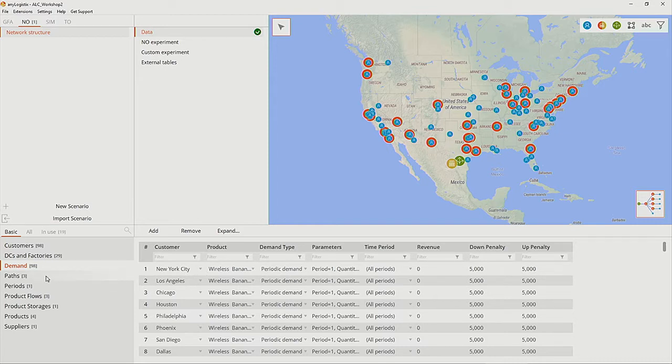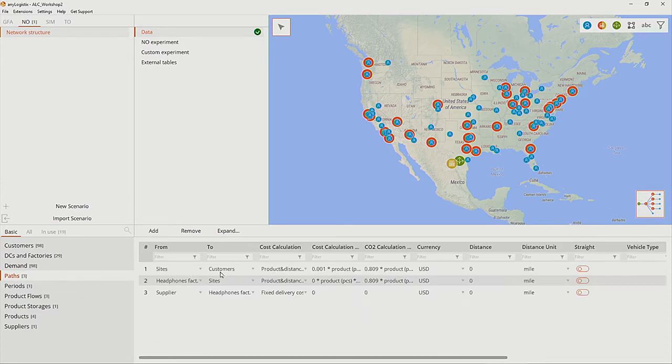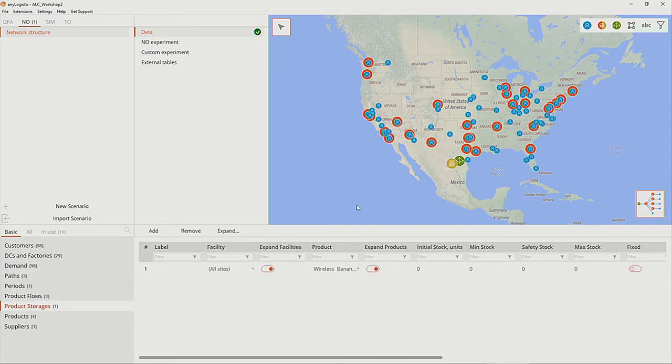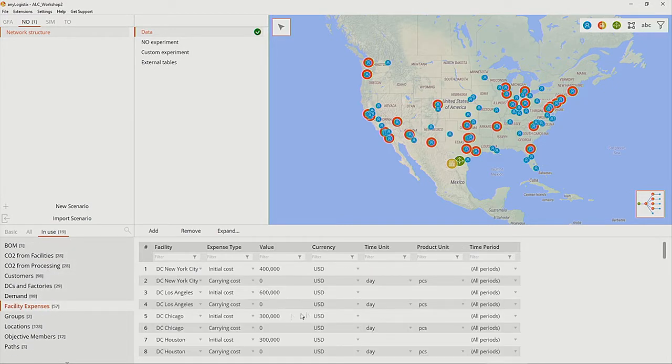We also have the physical transportation layer defined, paths between locations. And we also have flows and storages defined for each location, as well as associated costs. Let me show it, like facility expenses, which are different from facility to facility.